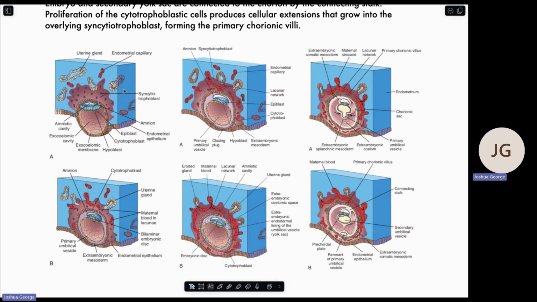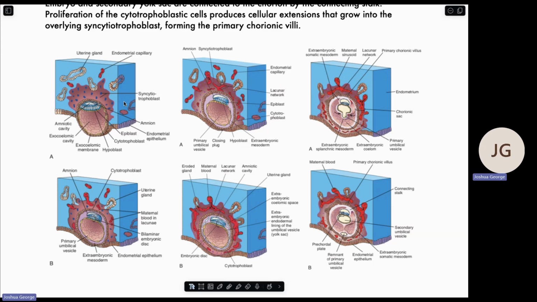And what basically happens is the epiblast, which are columnar cells, and the hypoblast, which are cuboidal cells, respectively form either the amniotic cavity or the primary yolk sac. So epiblasts differentiate further into amnioblasts, and they eventually line the amniotic cavity.